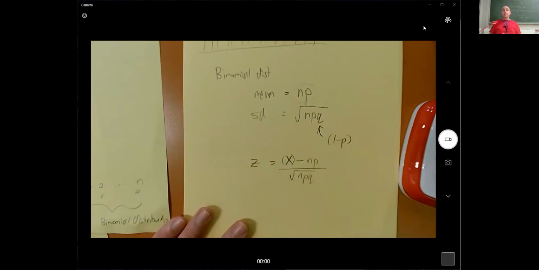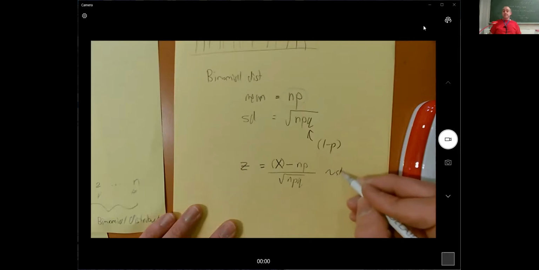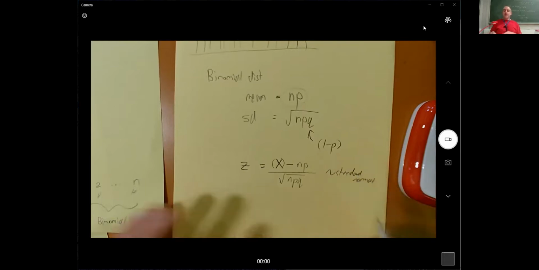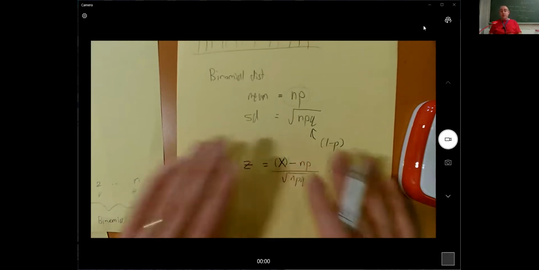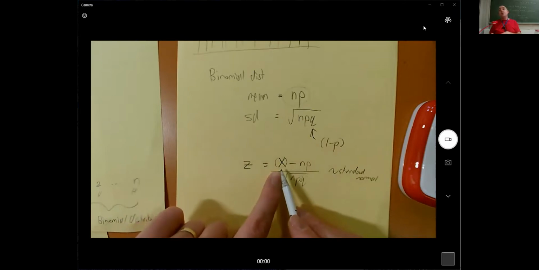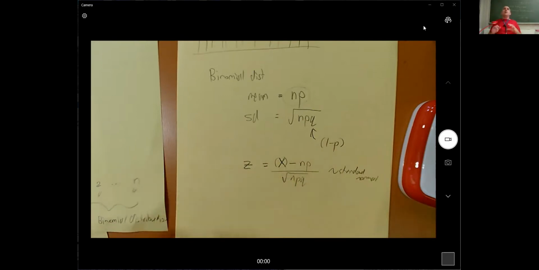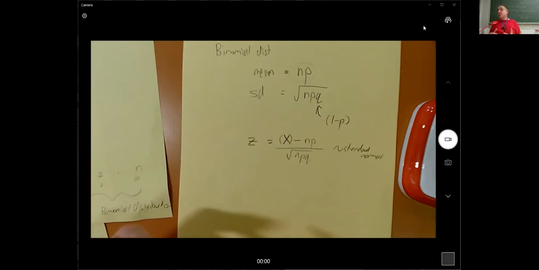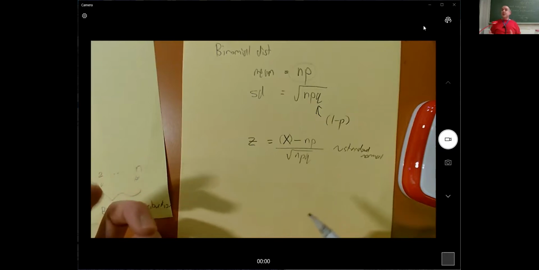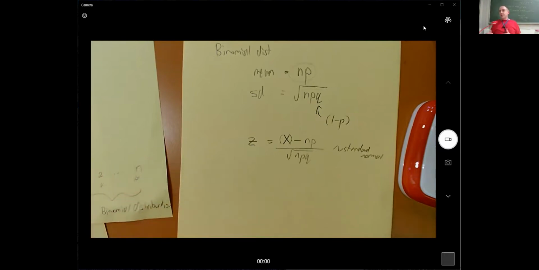Yep, I'm nearly there. This is what the distribution is. This is a calculation you can do based on the raw number of people who say yes. And this would be a standard normal. But if you wanted one based on the proportion of people that say yes, you calculated a percentage, then you do a slightly different calculation.